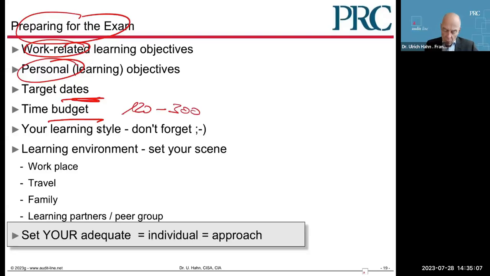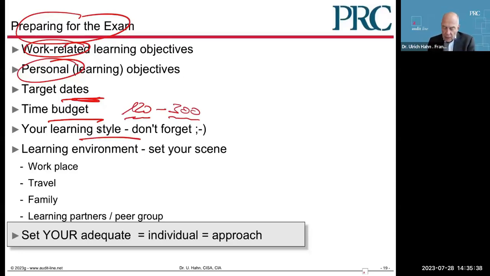If you are very fast and have a good background, 120 or a little bit less may be okay, but you need to spend a lot of time on the sample questions. If you need to read a lot, and if you do not have such a broad background, you may need to spend more time, and then it can be quite time consuming. So that's hours, not days, hours spent on preparing.